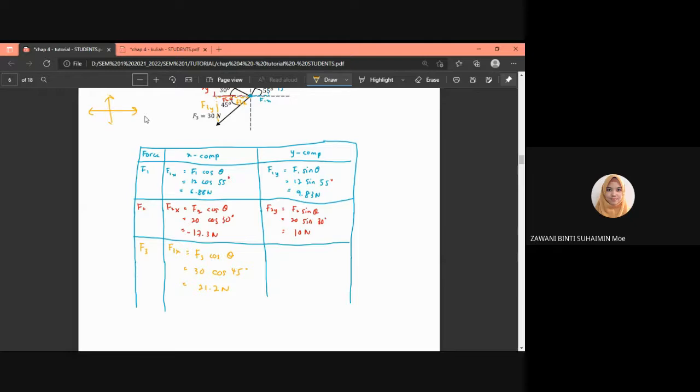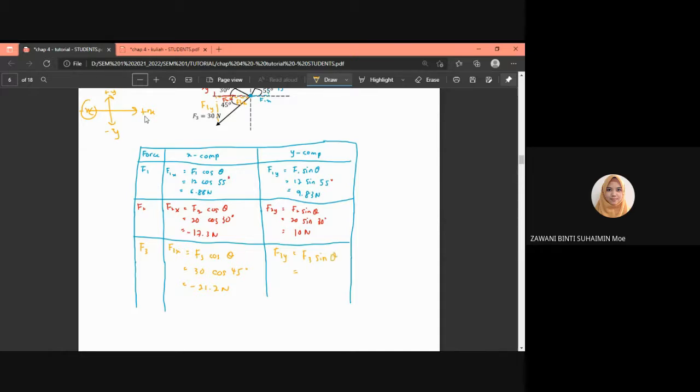Saya selalu ingatkan, ini X negatif, ini X positif, atas positif Y, bawah negatif Y. So force yang ketiga tu lebih ke arah paksi X negatif, maksudnya dia negatif dekat sini. F3 in Y component dia adalah F3 sin theta.